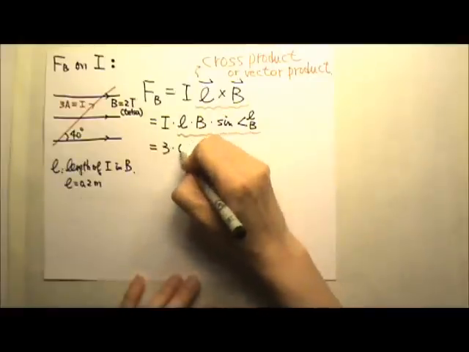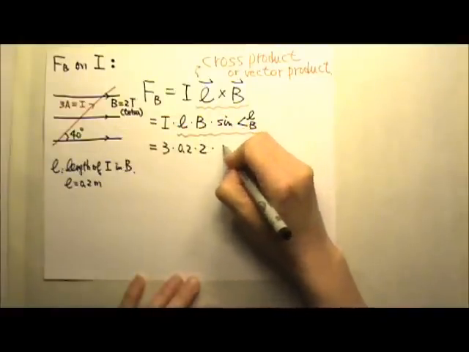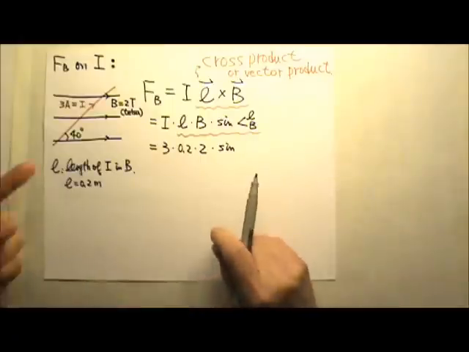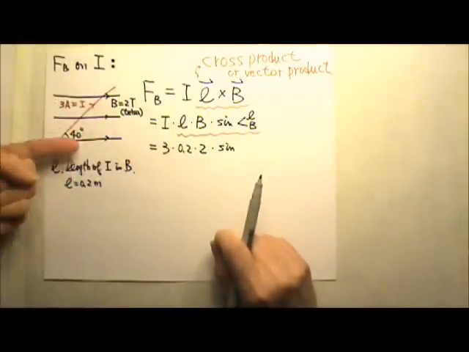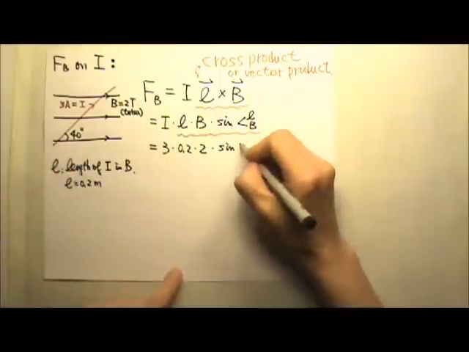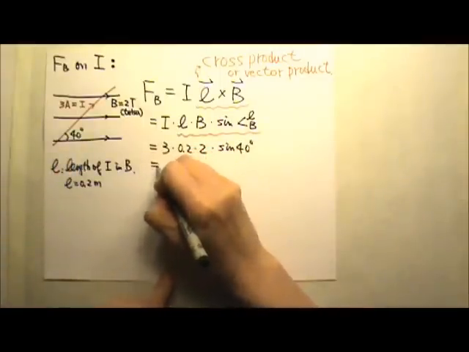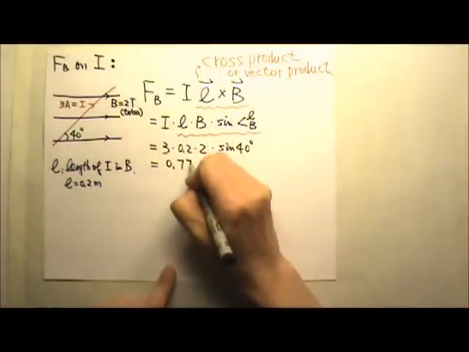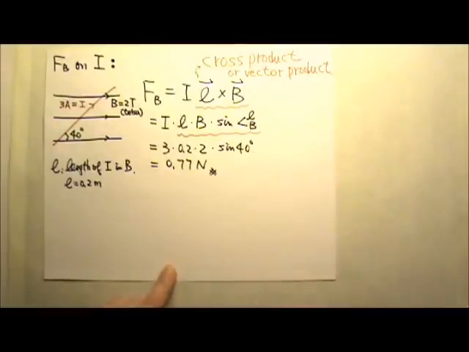The length is 0.2. The magnetic field is 2. And we want the sine of the angle between L and B. The angle between these two vectors is 40 degrees. So it's sine 40 degrees. And this will give us 0.77 newtons. So that's the magnitude of the magnetic force acting on this current.